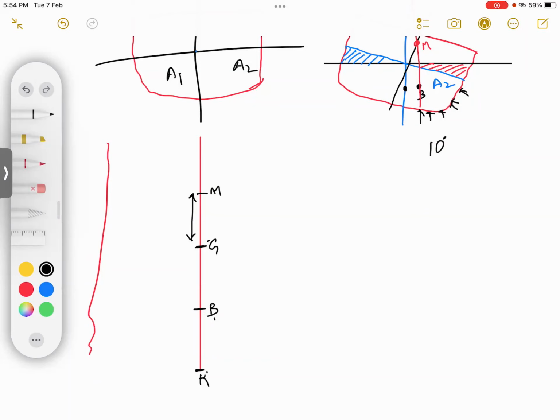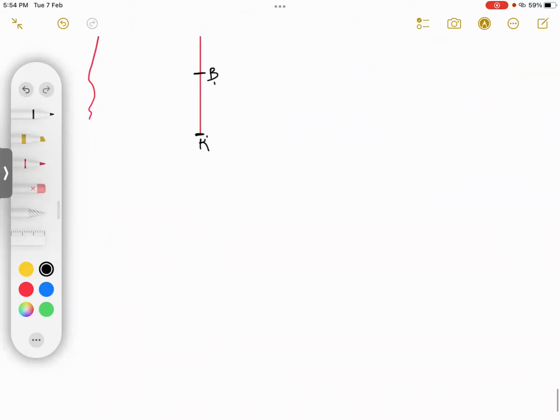It is the point of intersection, right, between an imaginary line drawn. Okay, you can just write the definition.